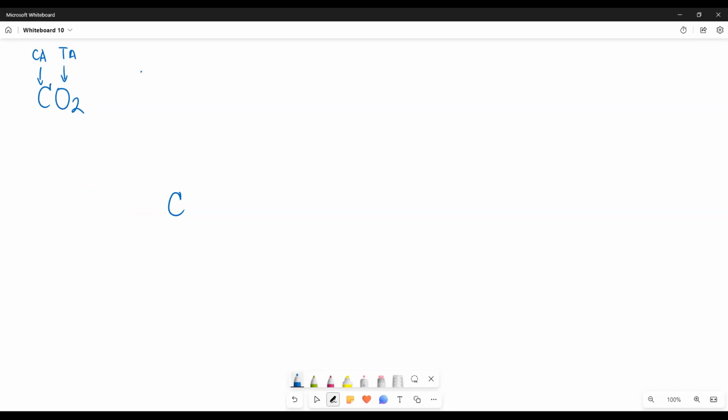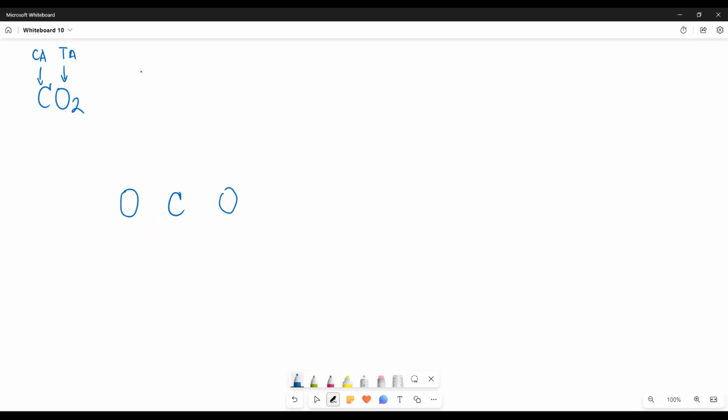So what I will do instead is to write it this way. Okay, so in such a way, we ensure that the carbon is in the middle. So we identify the central atom and the terminal atom, and we created the skeleton in which the central atom is in the middle.